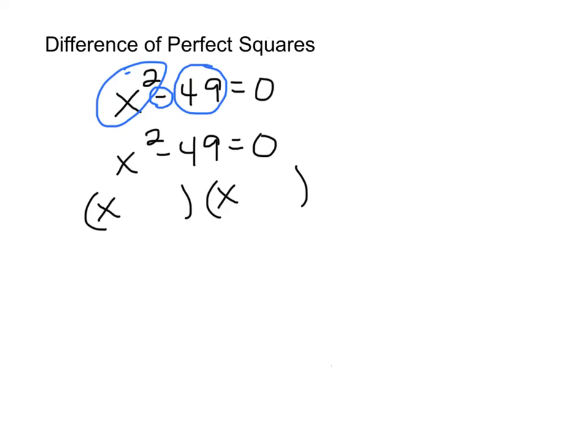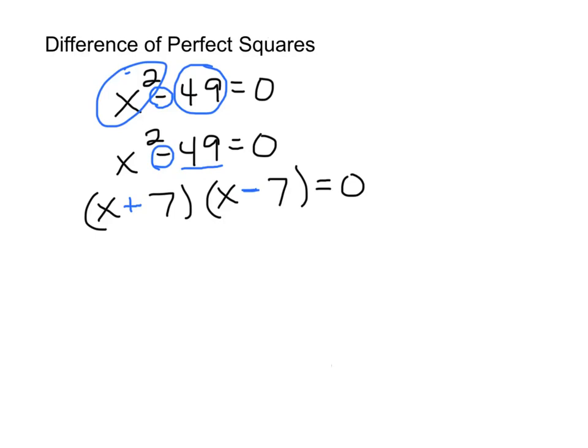Now, I don't have a middle term, I just have subtract 49, and since this is subtraction right here, I know that one of the signs has to be addition, the other sign has to be subtraction, because that's the only way I can multiply those two numbers to get a negative number. Because this is 49 right here, I also know that 7 times 7 is 49. I'm going to take the square root of 49. So I have x plus 7 times x minus 7 is equal to 0.